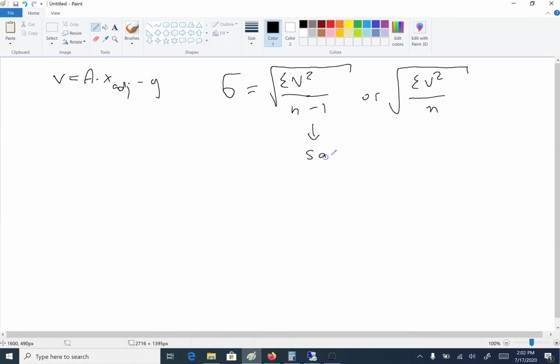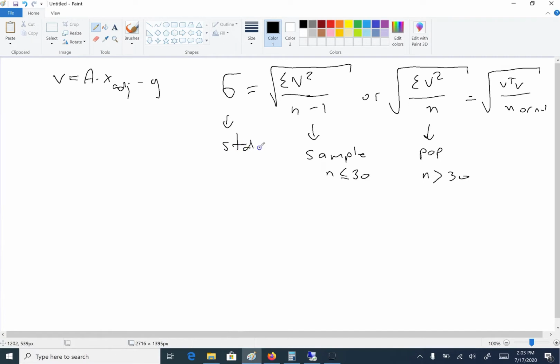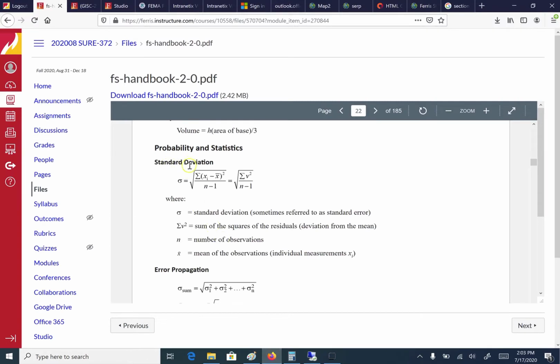This is for a sample if n is less than or equal to 30, and this is for a population if n is greater than 30. This is basically the square root of v transpose v divided by n, or n minus 1. And this is called the standard deviation.